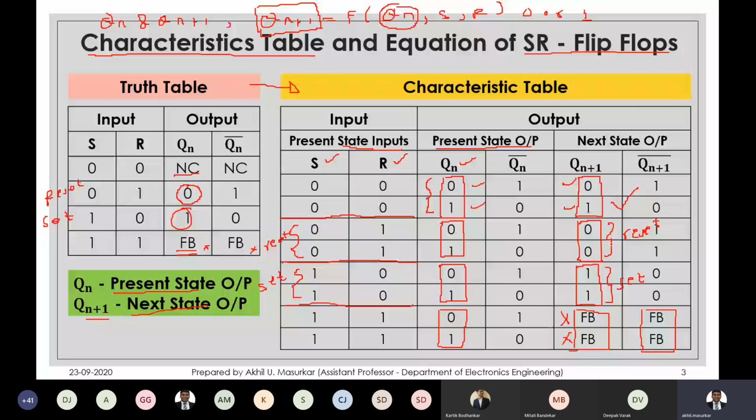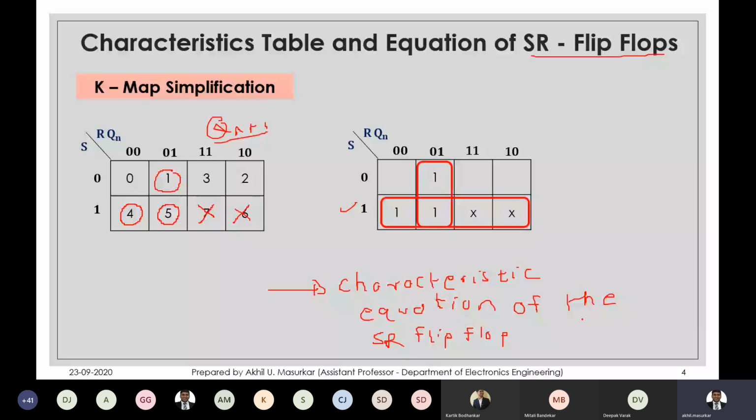So in all there are 3 ones and 2 don't cares. You can very well identify that. So this is 1 for 1, 0, 0 for 2 and 3, 1, 1 for 4 and 5, and 7 and 6 are don't cares. So write the characteristic table and characteristic equation.